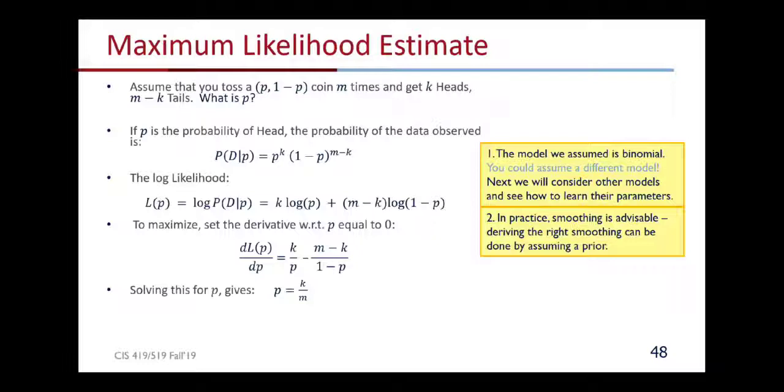So this notion is called smoothing. We're going to talk about it in the case of a specific model later. But basically, the idea is to move the probabilities away from 0, because if you use 0 probability, it means something that depends on it will never happen, and you want to be able to do a little bit better.